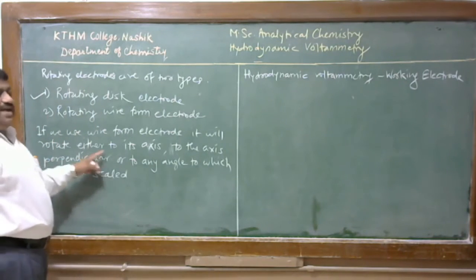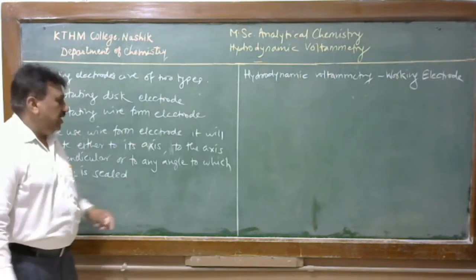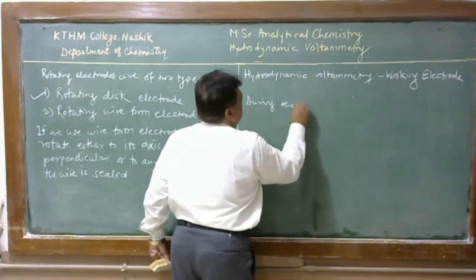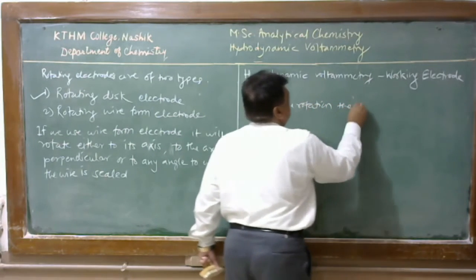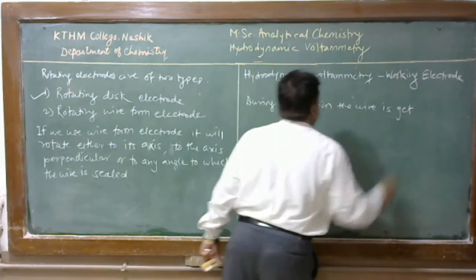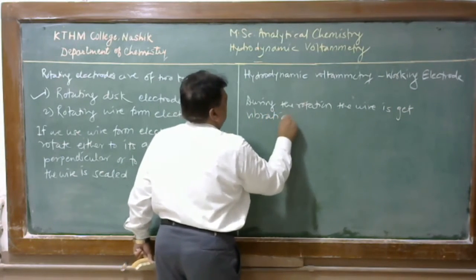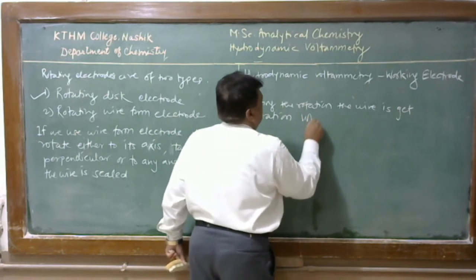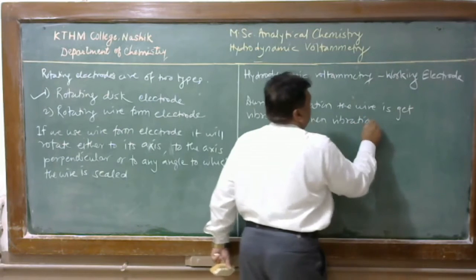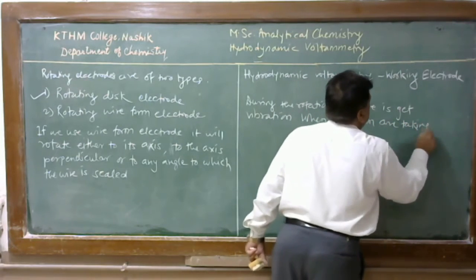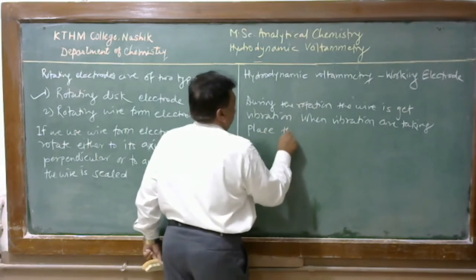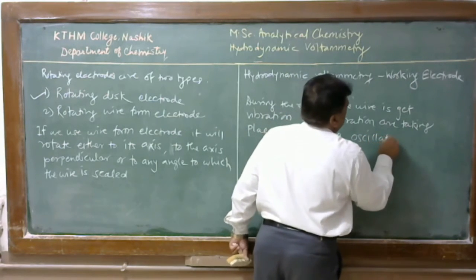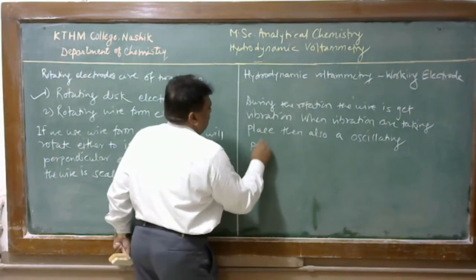Therefore, where this wire is sealed outside the tube of that electrode, the wire is vibrating during the rotation while the electrode is rotating, and when vibrations are taking place, an oscillating polarogram is obtained.